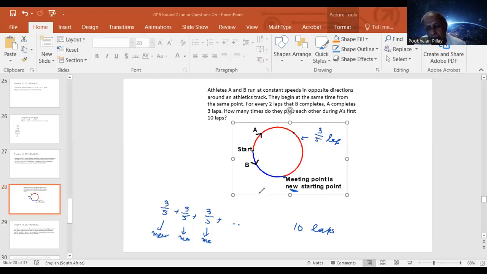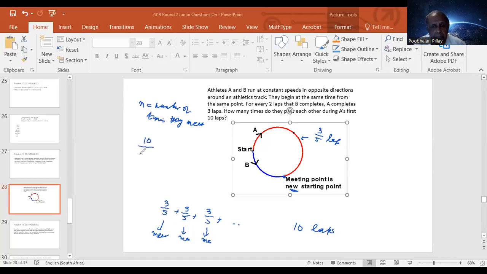But just remember, when A travels 10 laps, they need not meet at the 10th lap. They would have met before the 10 laps have been covered. We saw that they need not meet here; they will meet at different places. But they want to know how many times they meet each other. If you let n be the number of times they meet, we have to see how many 3/5 there are in 10.